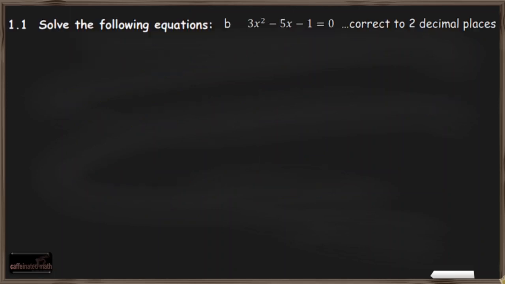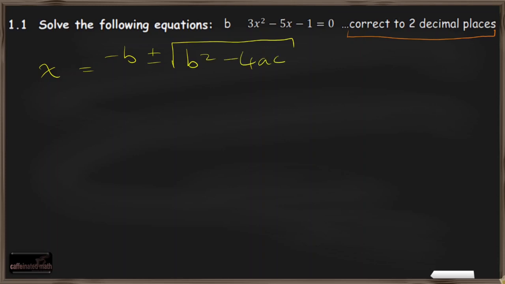Moving right along. Well, this phrase means don't even bother trying to factorize. Run straight to the much wanted quadratic formula, which states the following: x is equal to minus b plus minus the square root of b squared minus 4ac, all divided by 2a, which is then ripe for substitution.